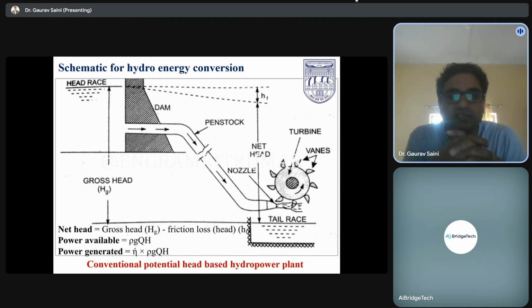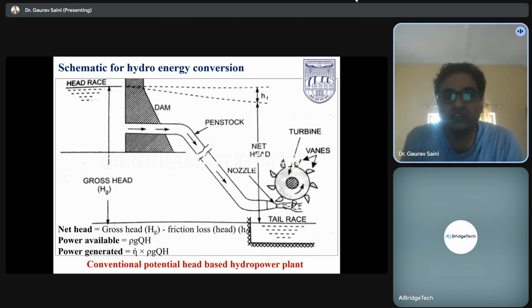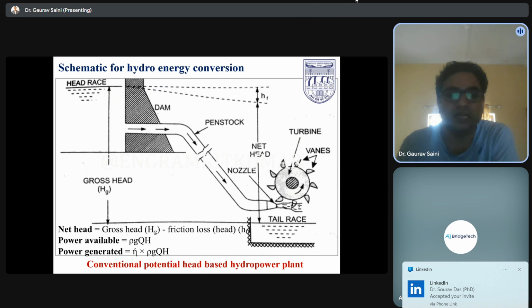The power equation is rho g Q H. Rho is the density of the water, g is the gravitational acceleration, Q is the flow rate, and H is the net head. The power generated is obtained by multiplying the efficiency of the system by the power equation.